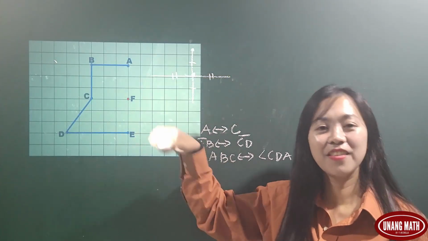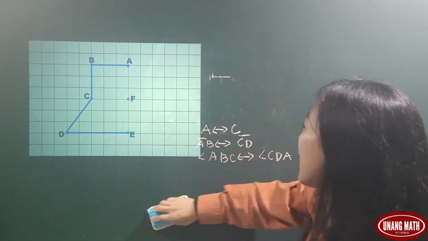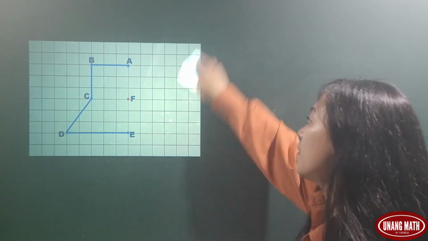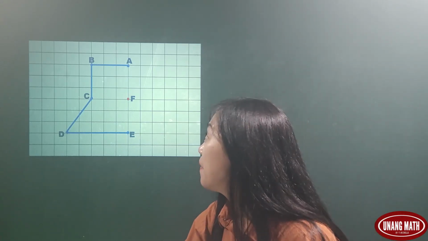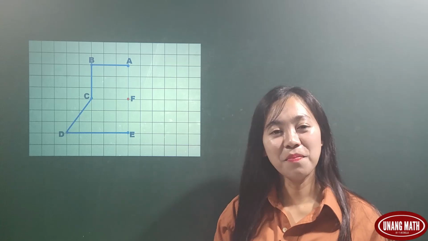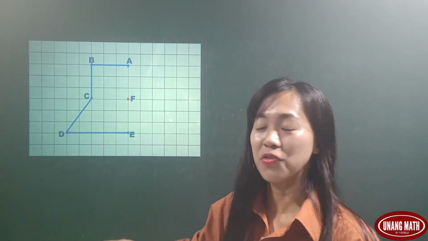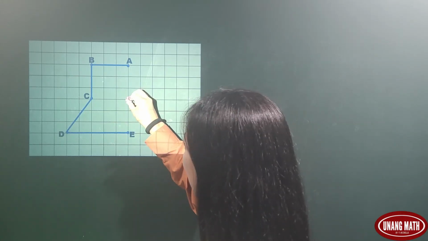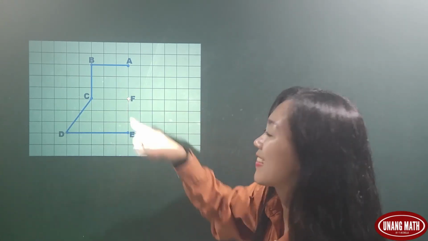Okay, so let's try to answer or do this simple activity na nandito. So, kailangan nating iguhit ang corresponding points at sides ng figure na ito. At ang magiging basis natin ay ang center of symmetry or ang point of symmetry natin dito. At ito ay ang red dot dito.